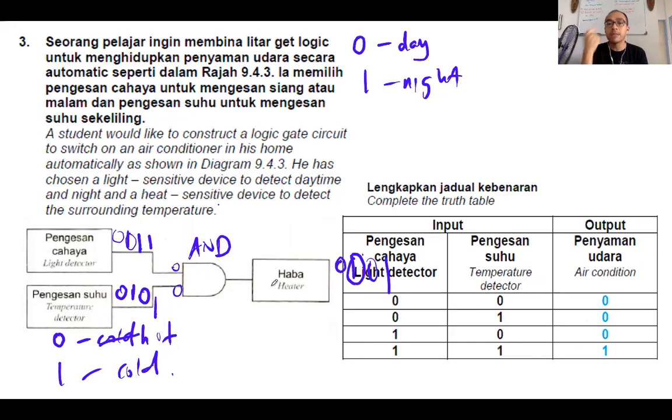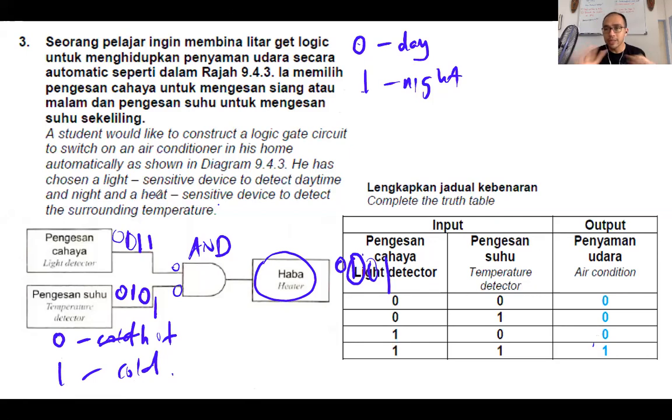It must be night and it must be cold, then it turns on. So according to this, if it is a heater, then we will say that 0 is day and 1 is night, and 0 is hot and 1 is cold. Because it must be nighttime and cold for it to turn on. Does that make sense?